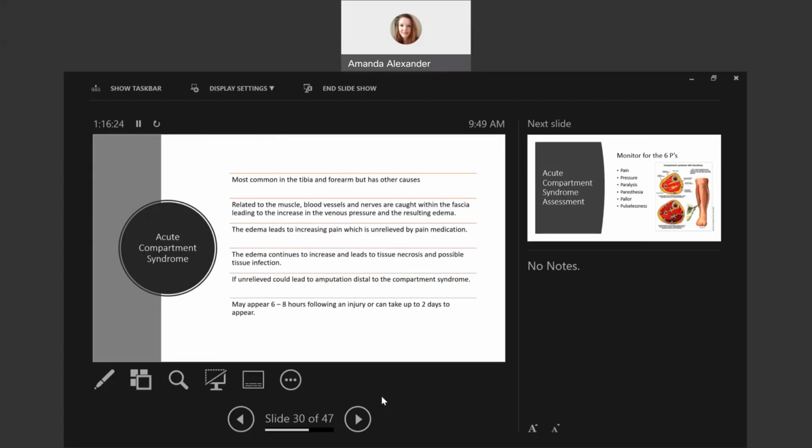I would just say it's common in the extremity areas where, say, if you have some type of injury to the lower extremity, the distal portions of our extremities, lower arm, lower leg. Related to the muscle, blood vessels and nerves are caught within the fascia.